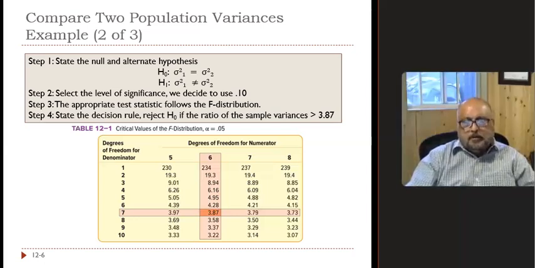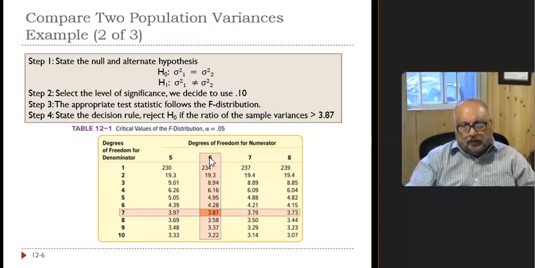So for the sample sizes, 7 and 6, right? We have 2 values here. One is for denominator, 8 minus 1, and in the numerator we have 7 minus 1, 6.